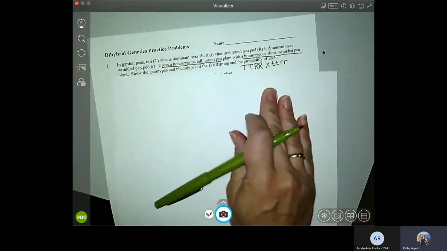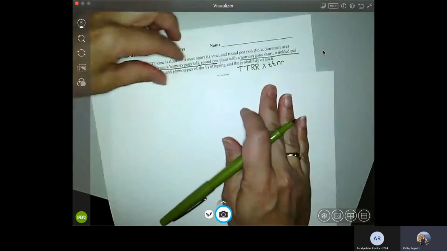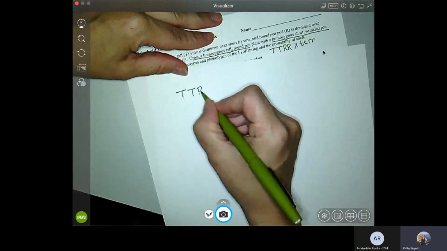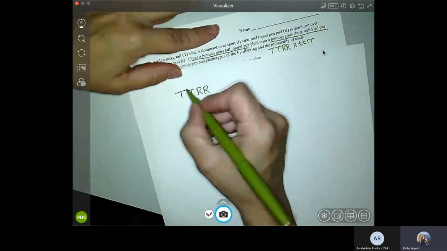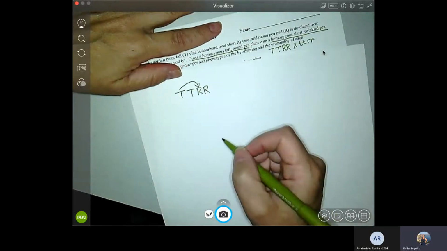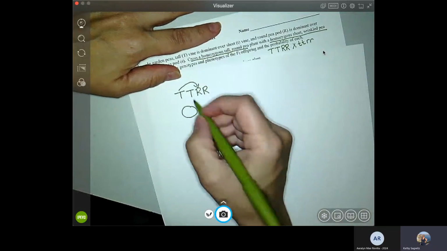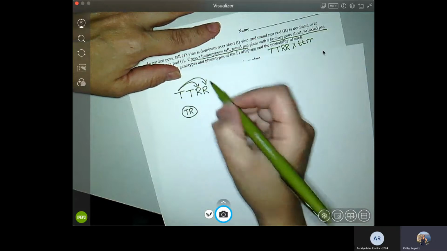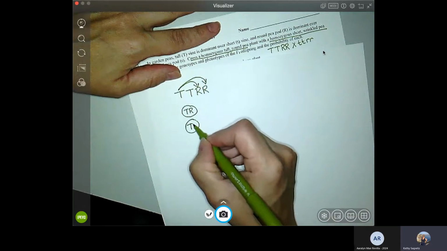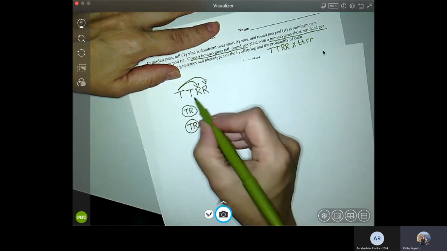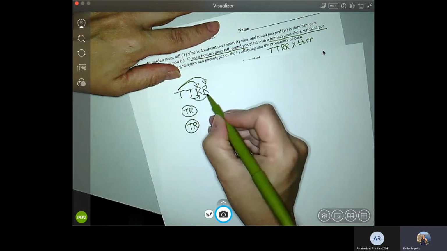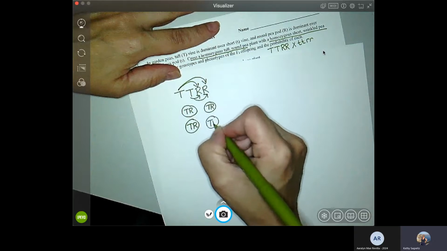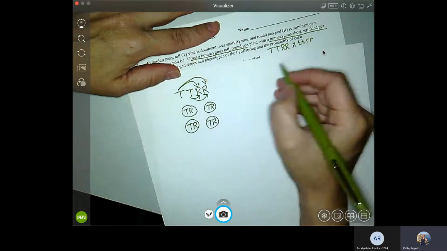We have big T, big R. This T could pair with this R and be passed on. So one of our cells could be big T, big R. Our other one could be big T, big R. This pairs with those. This pairs with those. So we have 4 possible combinations that they could pass on.